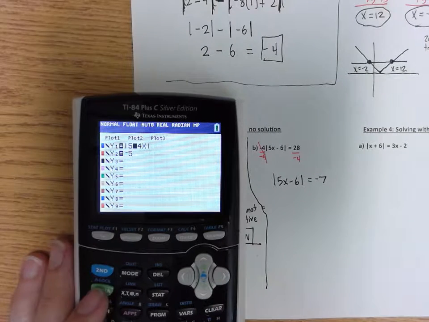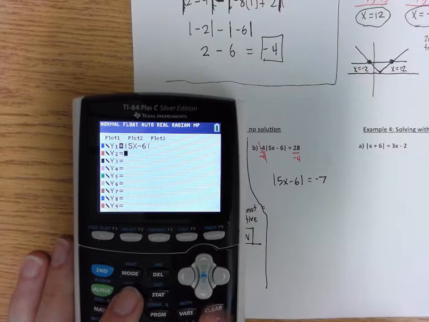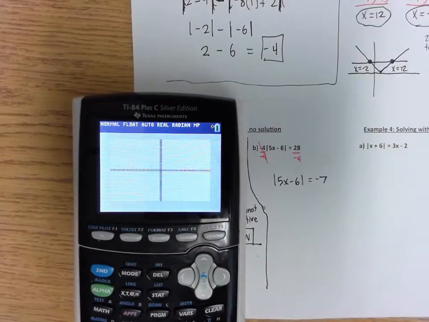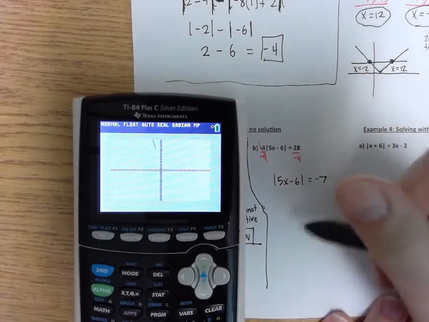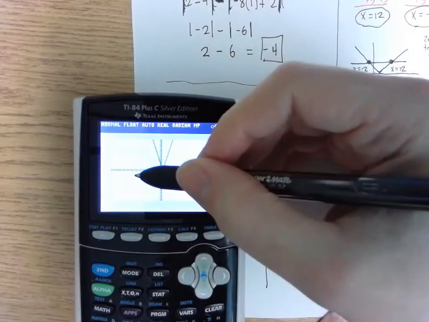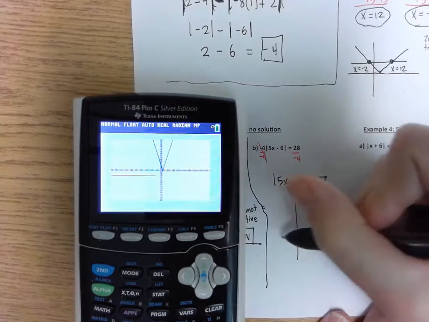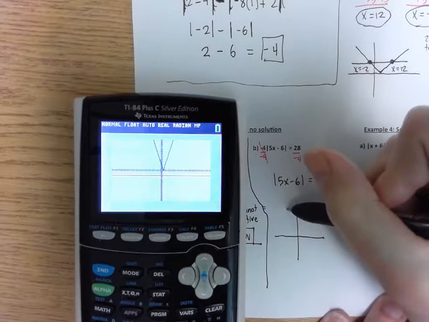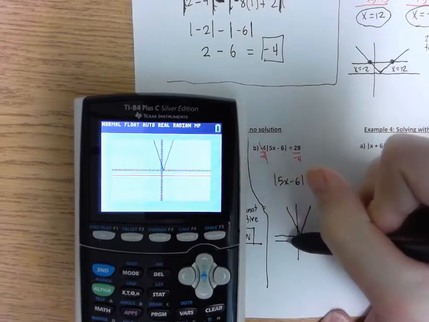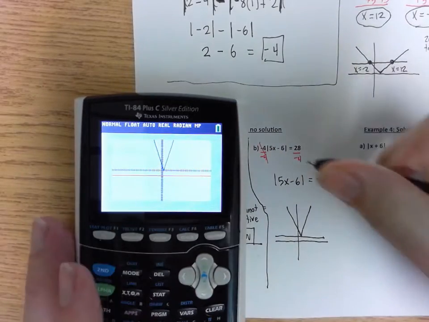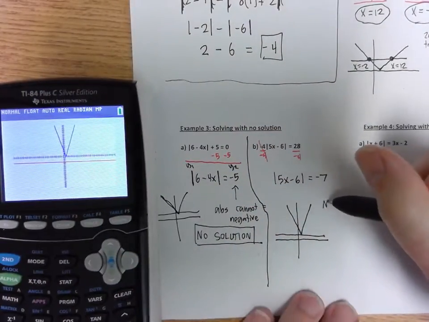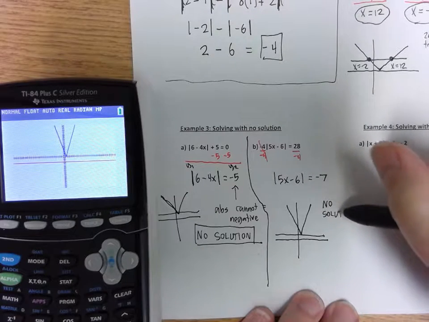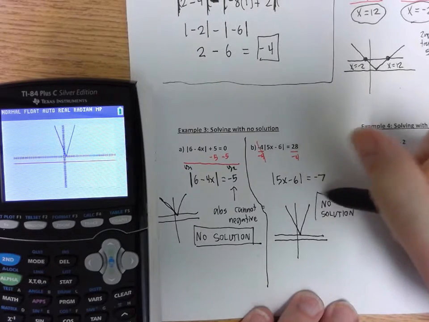If I graph 5x minus 6 and -7, I'll get the absolute value up here and the -7 down here, and they're not going to intersect. So we're just going to visualize that and say no solution, and call it a day on that.